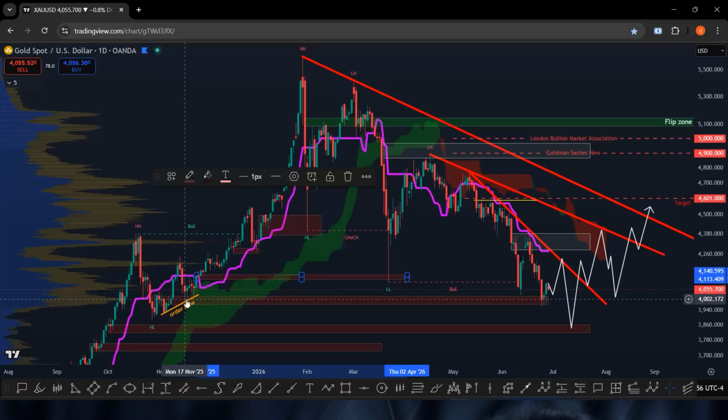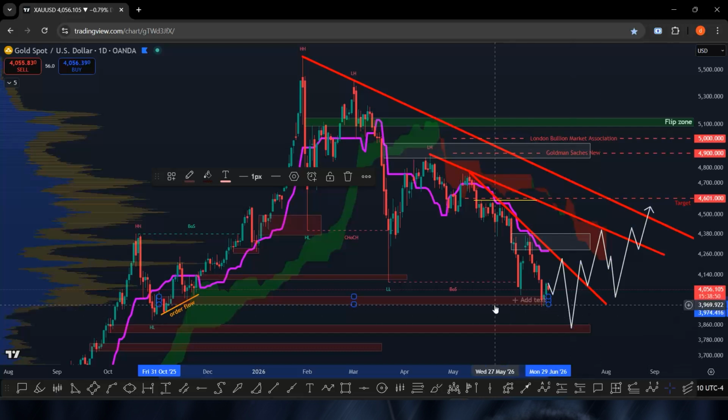To me, if we break this strong order block, which means 3,974 to $4,017, and we engulf it downside, the next strong order block probably will act as a solid base for the midterm in the gold chart.